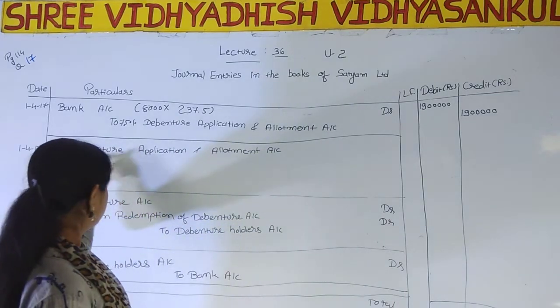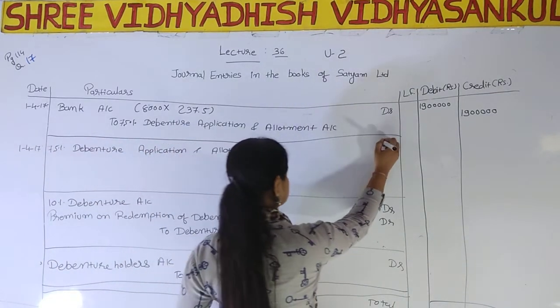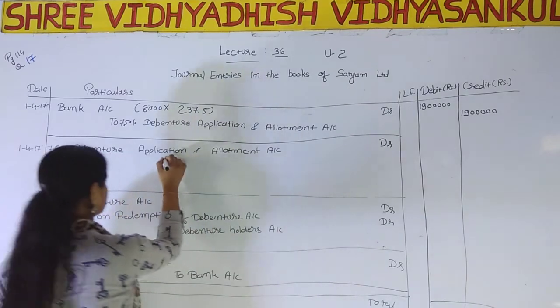So 7.5% debenture application and allotment account debit.